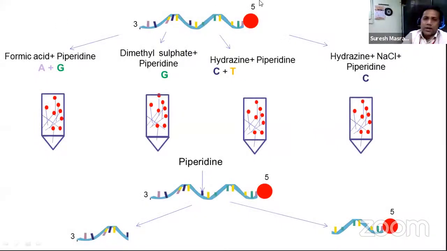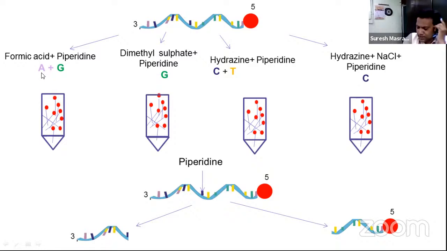Thus, now again we put this single-stranded DNA into four separate tubes. In the first tube, we add formic acid and again add piperidine.